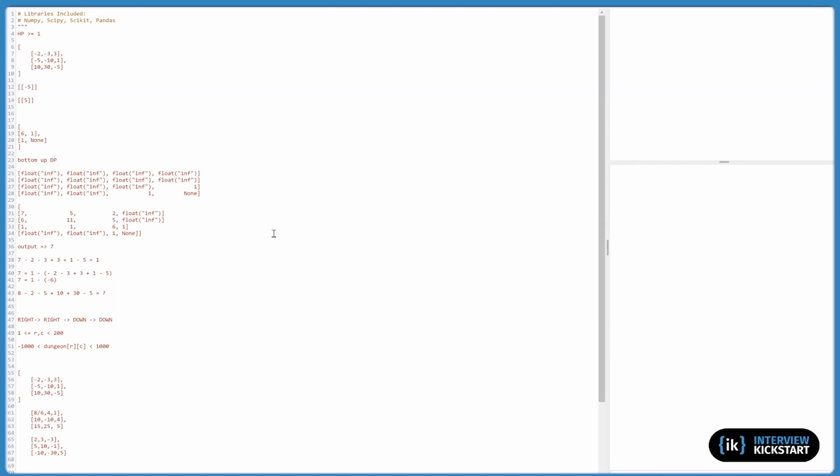Got it. You're populating a DP table from the bottom and going up. So you're populating from the destination and saying, okay, now from this destination, how do I get to this one from my neighbors?